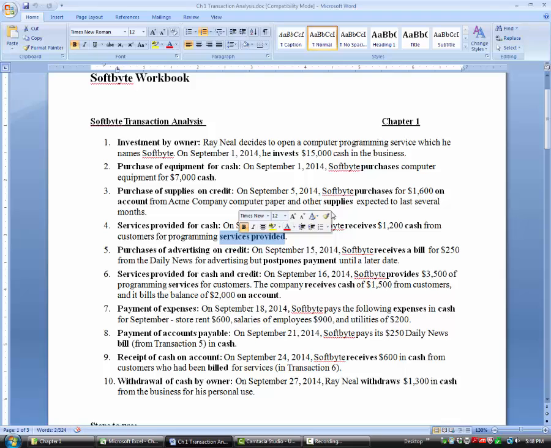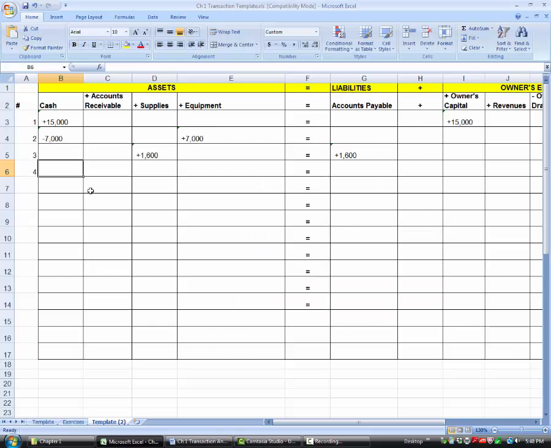These two words are very important because what this means is that we have earned revenue. Services provided means that revenue was earned. So as a result, we will also have an increase to our revenue, which will increase our owner's equity. So again, receiving cash means that cash goes up by $1,200.